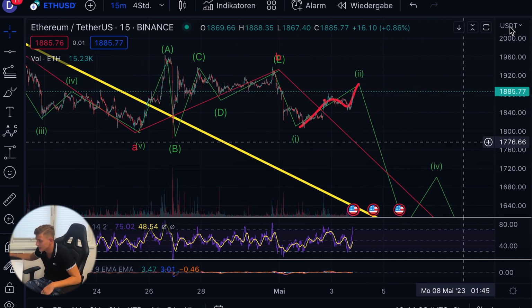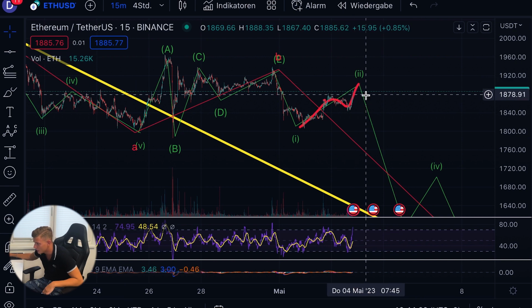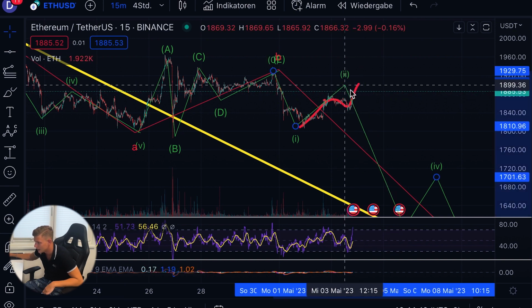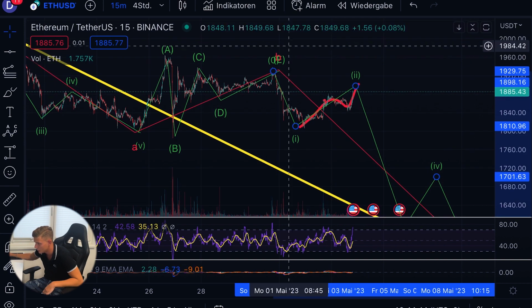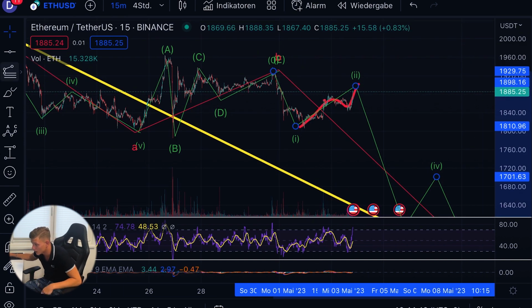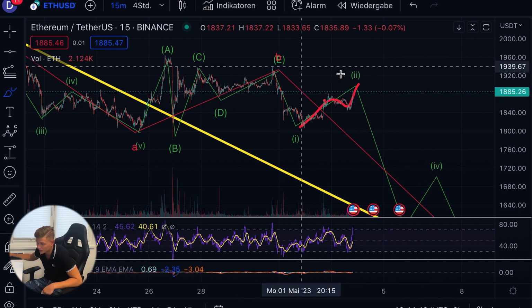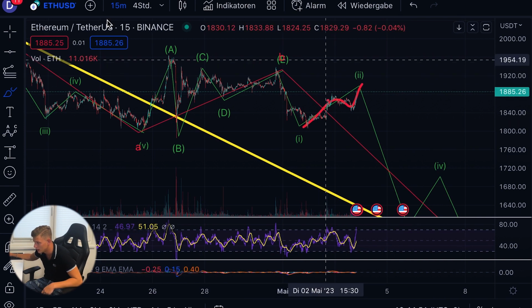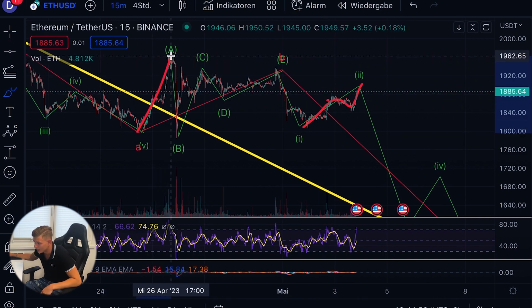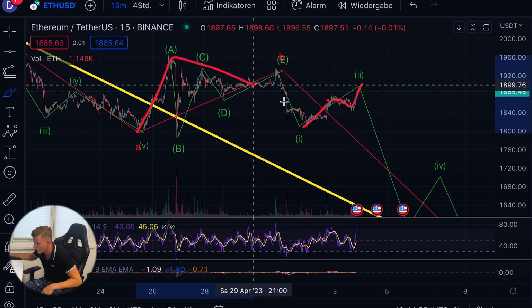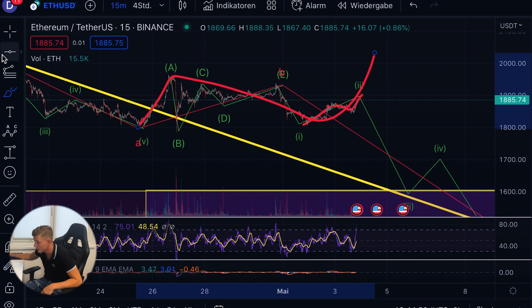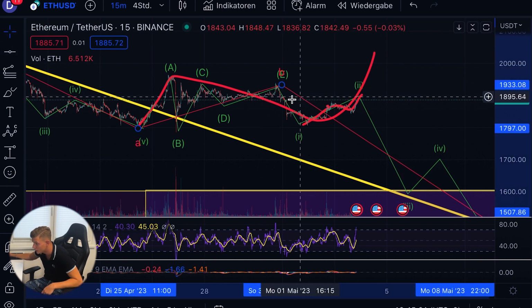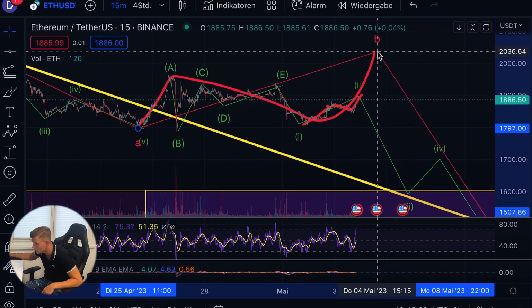So with that being said, I'm following the primary option that this is now turning down in this third wave, highlighted here in green. There is, of course, one alternative option which I consider not too likely at all. It would be that this is only an A wave, this has been a B wave triangle, and now we are moving up in the last C wave, and that would just shift this red B wave towards the upside.